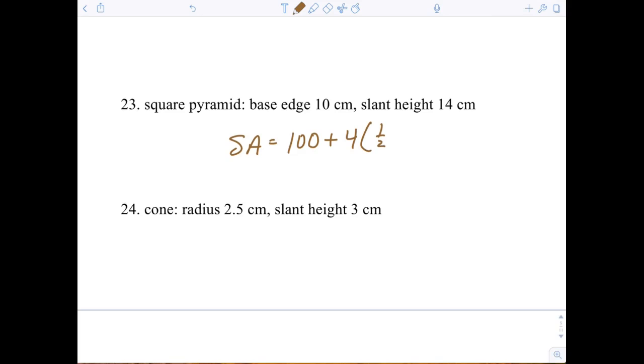What's the base? What's the slant height? Everybody agree with this? Somebody tell me what the answer is. 380 centimeters squared.